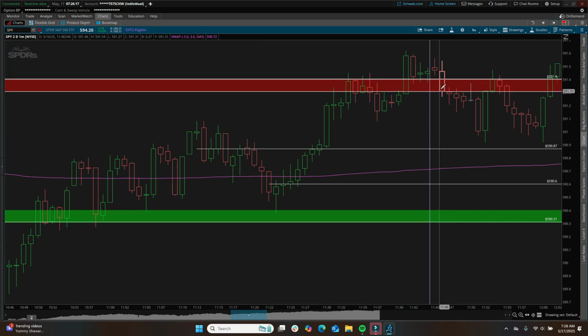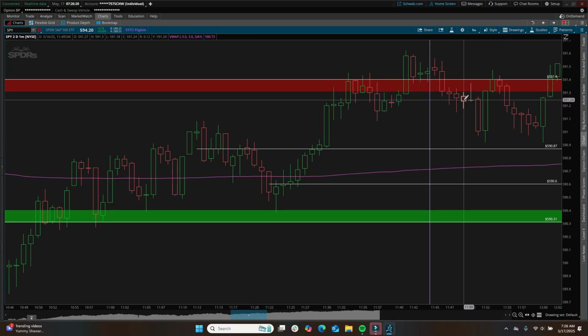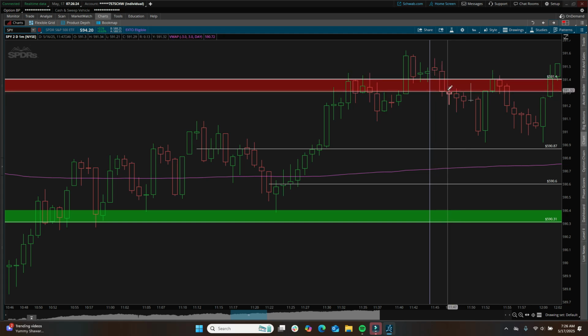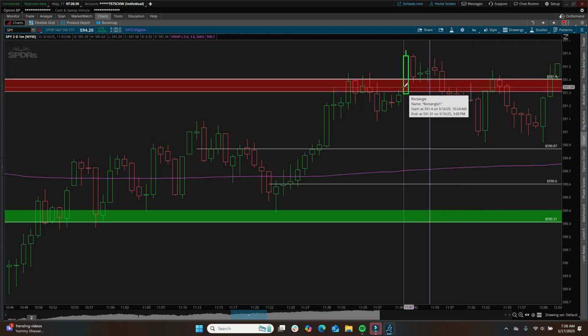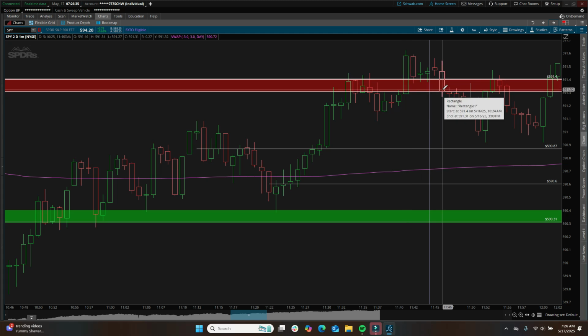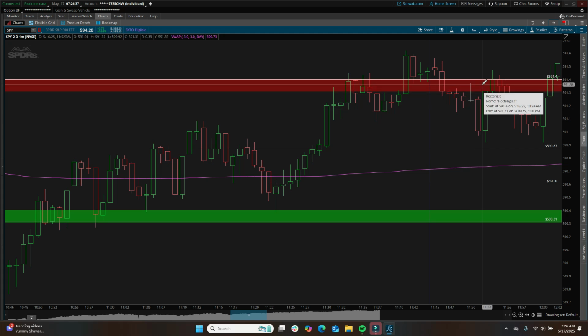Although I had considered maybe something like this, but there's no zone candle. I guess I could have considered this a zone candle. It's coming back. So if I'm considering this, I have to have it. It can't be 5, 6 candles apart.